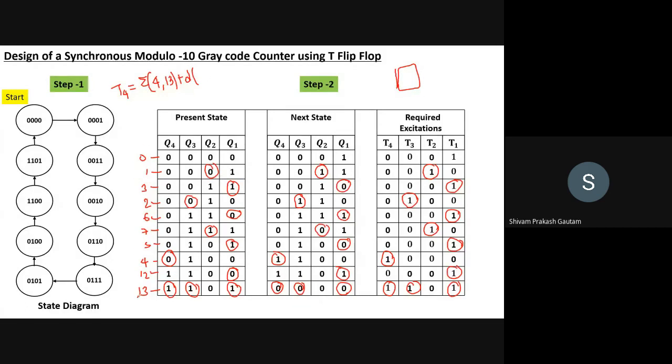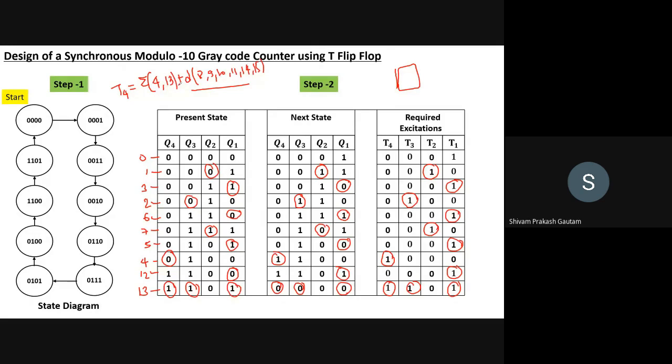Just see what are the missing terms here. 0 is there, 1 is there, 2 is there, 3 is there, 4, 5 is there, 6 is there, 7 is there, 8 is not there. 8 is our don't care. 9 is not there, 10 is not there, 11 is not there, 12 is there, 13 is there, 14 is not there, and 15 is not there. So this don't care set will be constant for all T4, T3, T2, and T1, right? Only the min terms will be changing.